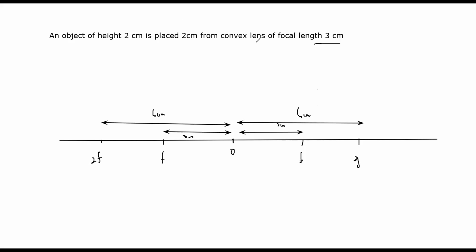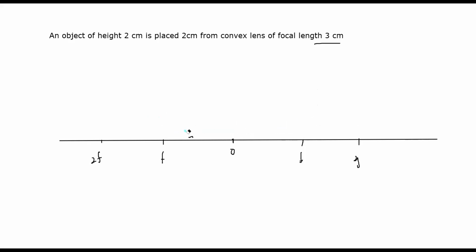Then the object is placed, an object is placed 2 centimeter and height is also 2. So object should be closer, like within the focus, and height is 2 centimeter. And then draw the lens. Complete till this point, then I will explain what to do.